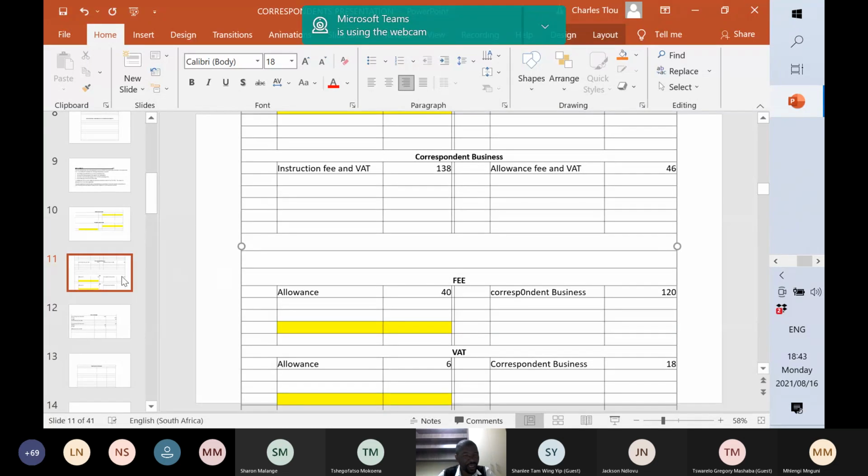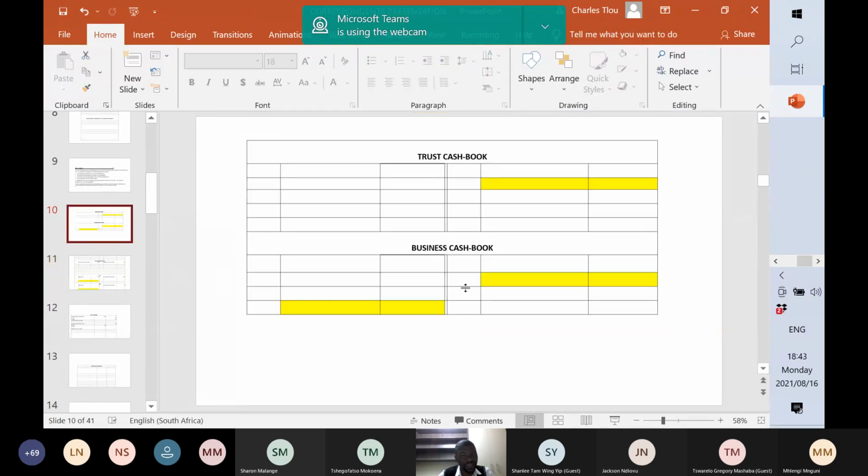In other words, we come here and open a T account for the business cash book. Remember in your business cash book, you pay from the credit side. Now you are paying that tracing agent.